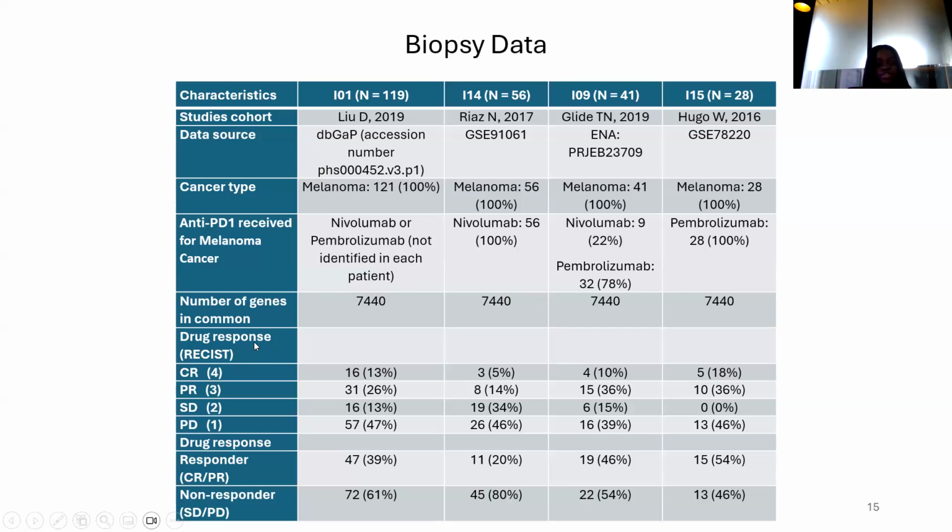And then with drug response, the way that clinicians ascertain that a patient is responding is they use something called RECIST, and it has different categories, and it works with imaging data of the tumor size.